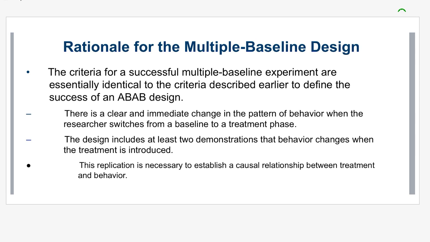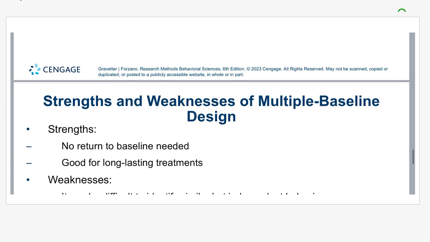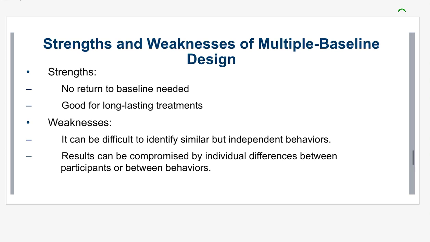And then we have to have at least 2 demonstrations of the behavior change when the treatment is introduced. So we have to have that replication to establish that cause and effect relationship, right? That's true for any of the single case designs.